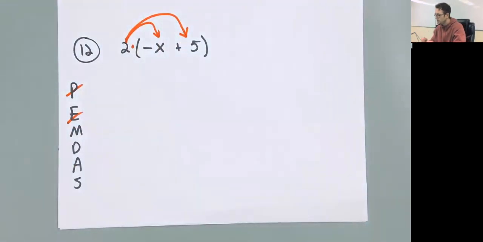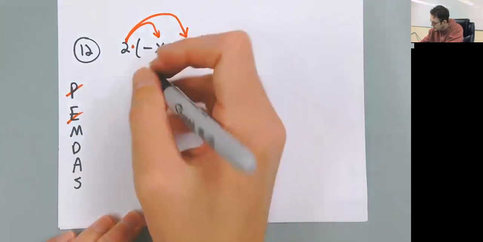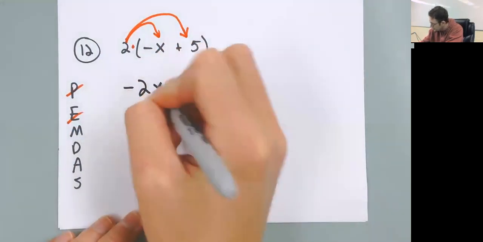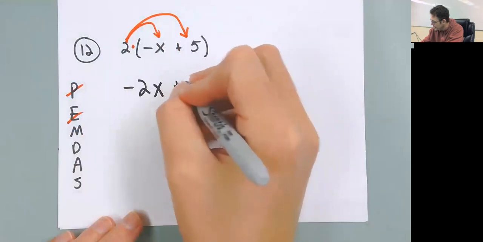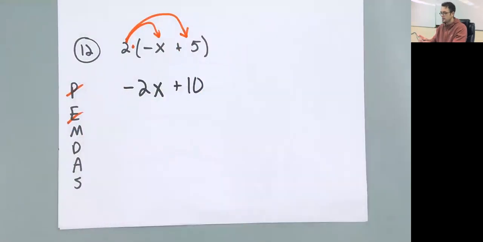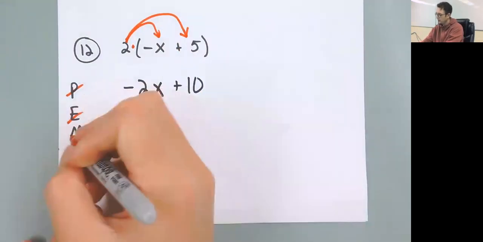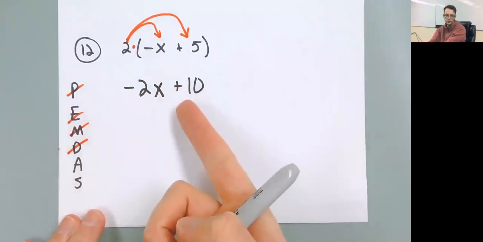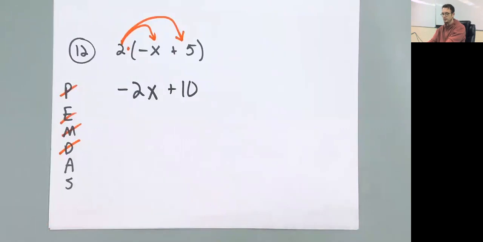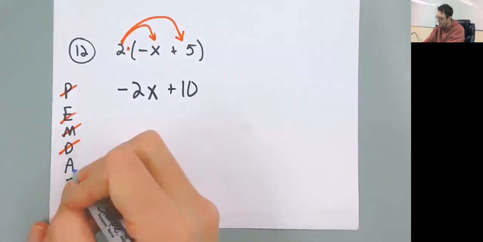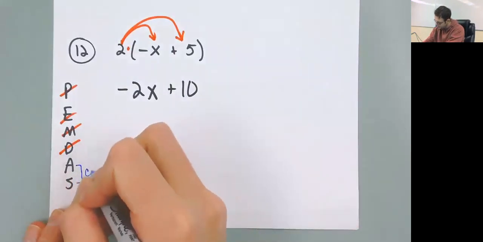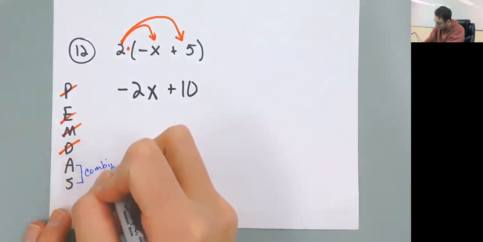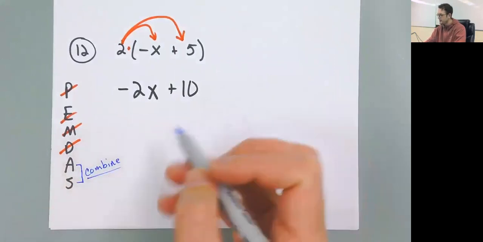So 2 times negative x is negative 2x. 2 times 5 is 10. All right, so I did multiplication. There is no division. There is addition, however. So we're to that last part of combining. And the reason I put this example in here is, can you combine those? Is there anything to combine?